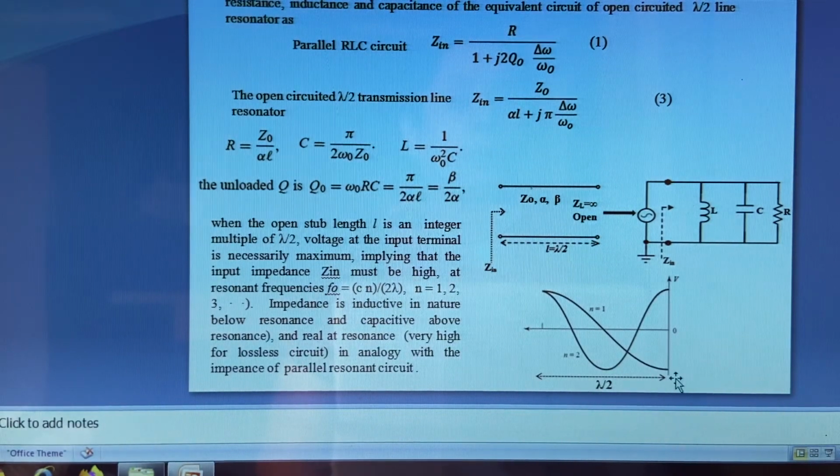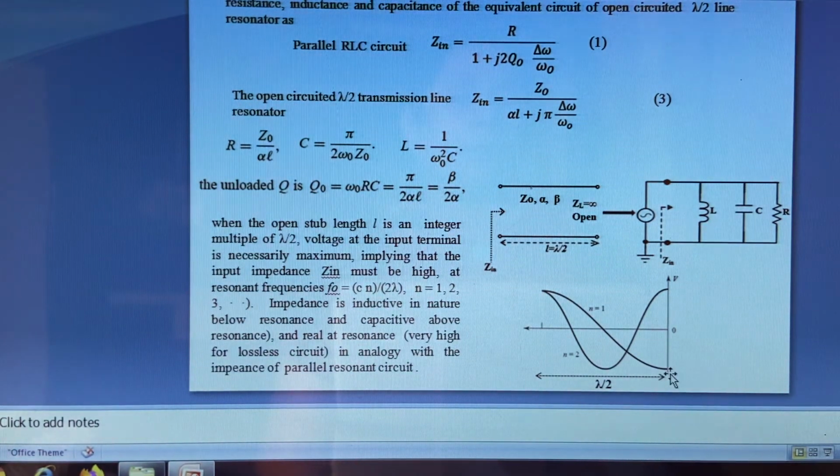Over a lambda by 2 line, the voltage variation is like this for n equal to 1, when operating at F0. Similarly, this is for n equal to 2. It also operates at n equal to 2, and this is the voltage variation over the transmission line with n equal to 2.